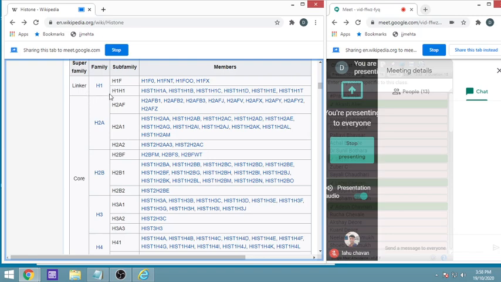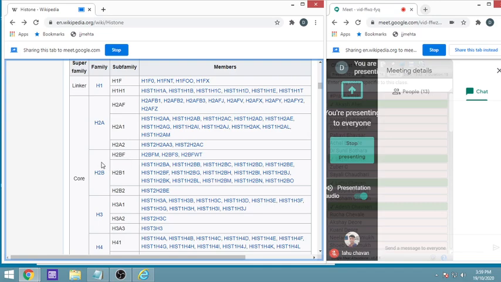Here it has a subfamily of H1F, H1, and in that you will find various kinds. In H1F there are 4 members in the family. Then H2A, H2B, H3 and H4 are the main core histones. In H2A there are 3 important subfamilies, that is H2AF, H2A1, H2A2.